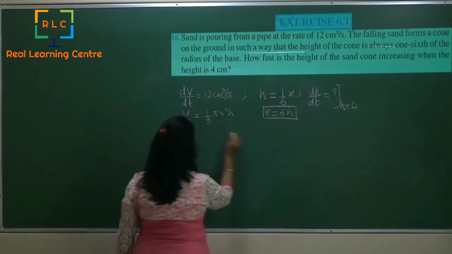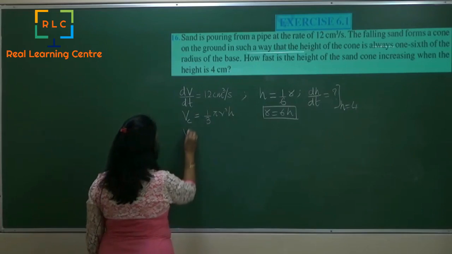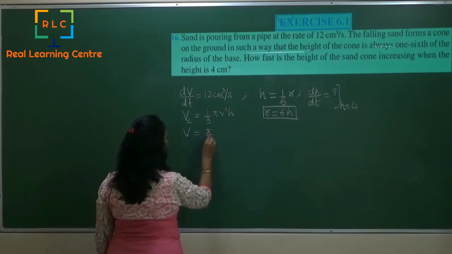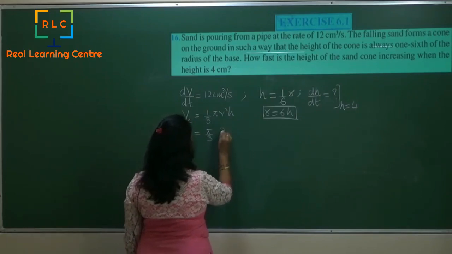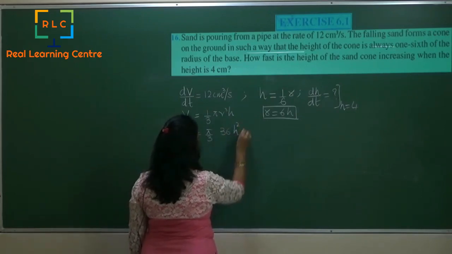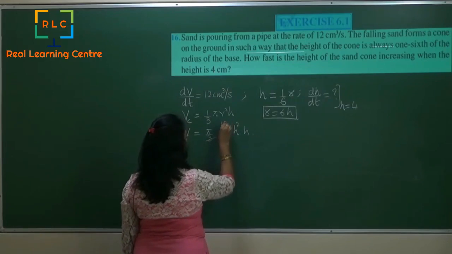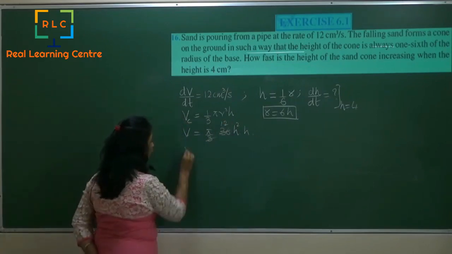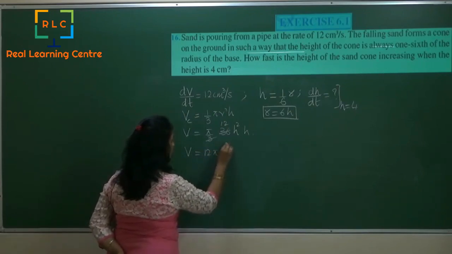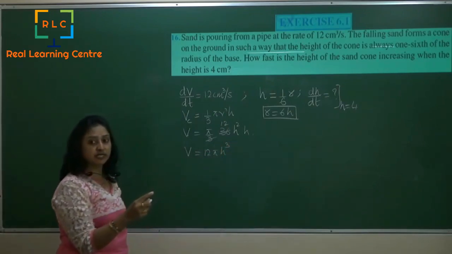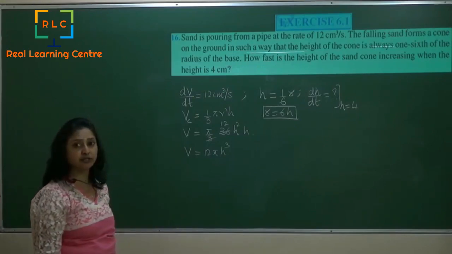So I am going to plug r is equal to 6h here, and we got volume to be pi by 3 into r square, I'll write 36h square into h. 3 ones are 3, 12s are 12. So we got the formula to be V is equal to 12 pi h cube. So according to the given condition, my volume got reduced to 12 pi into h cube.